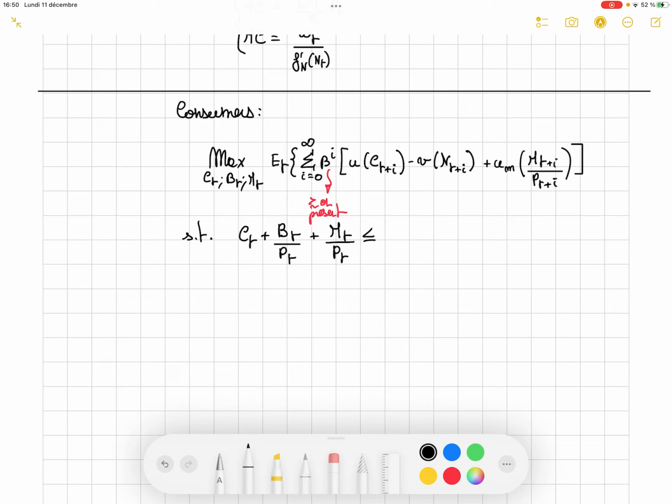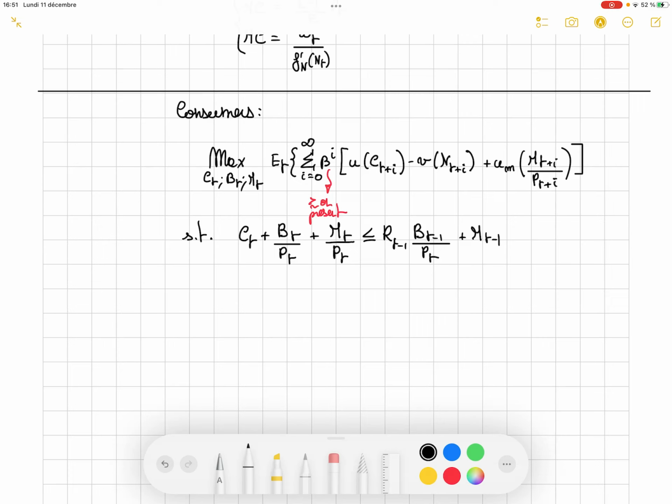We know that this must be smaller or equal to the total income, and the total income is equal first to the money that we receive from the bonds we had the day before. That's the gross interest rate that we will call RT, at the previous period, RT minus 1, multiplied by the bonds that we had at the previous period, and because we express this in real terms, it is divided by the price at the current period, of course.